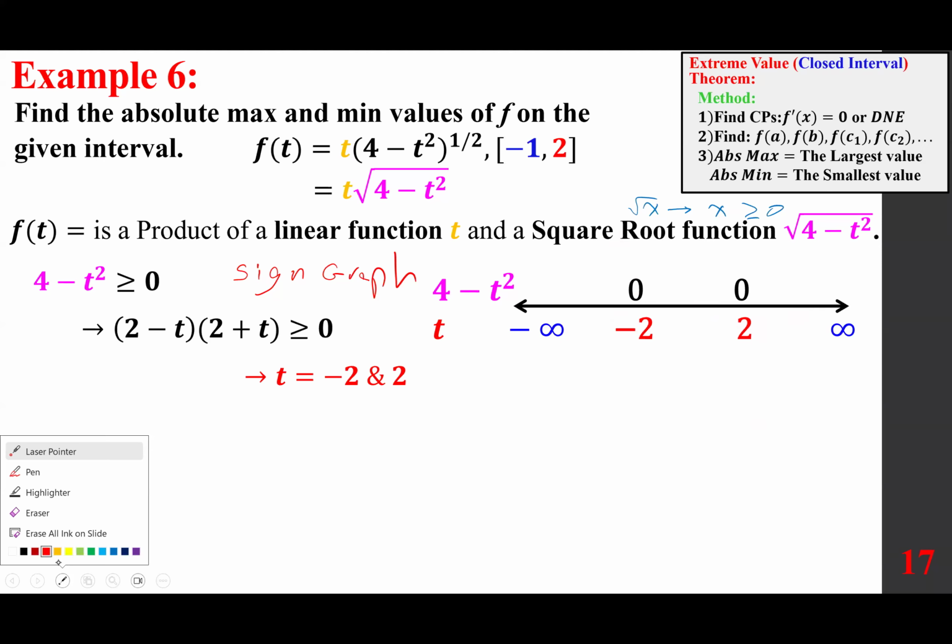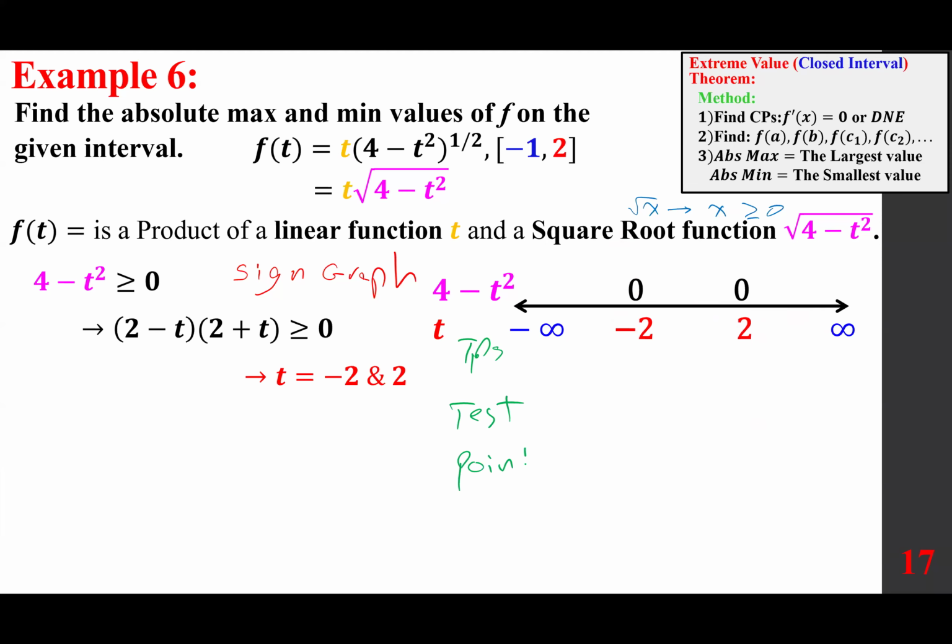Therefore, we need to use TPs, short for test points. Obviously, in between, the easiest number would be 0. To the left of negative 2 would be negative 3. To the right of 2 would be 3.